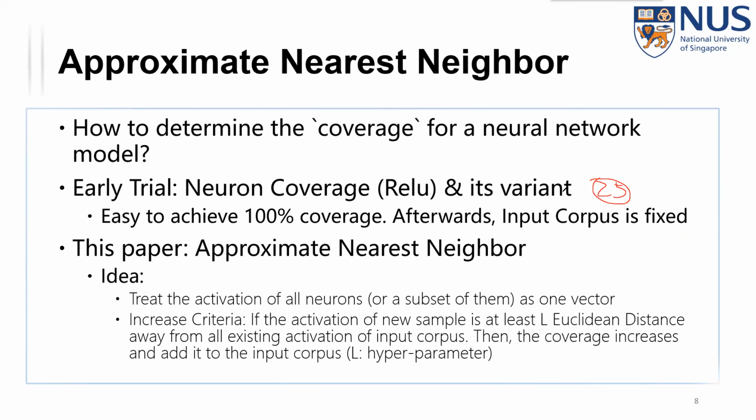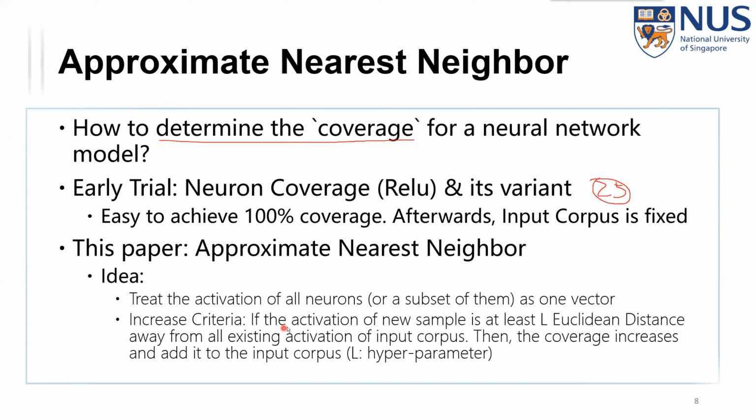Yeah, there's research showing that it's very, very easy to achieve this. So how can we determine the coverage for a neural network model? They treat the activation of all neurons, or a subset of them, as one vector.